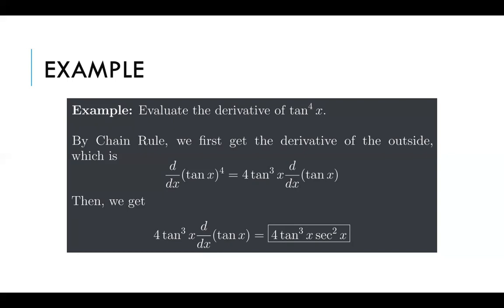So we leave a d dx of quantity tangent x. And the derivative of tangent x is secant squared x. So when we multiply that to the first part of the derivative, which is 4 tan x cubed, we get 4 tan x cubed secant x squared as our final answer.